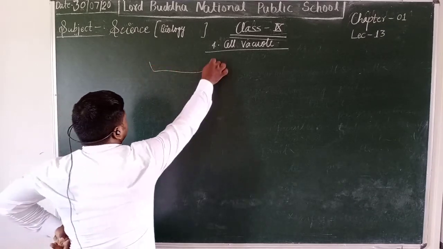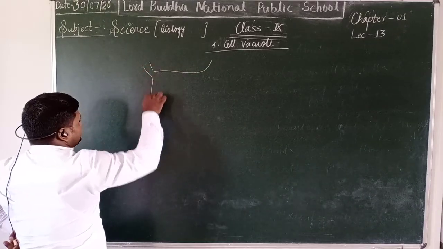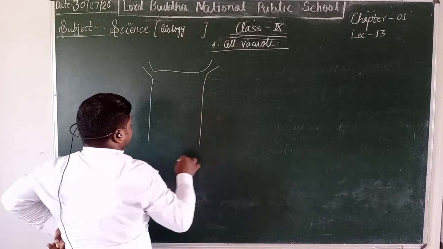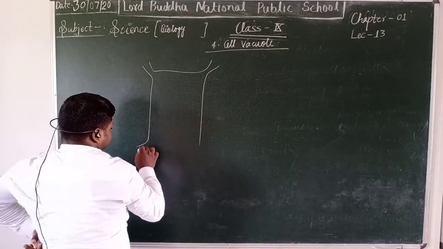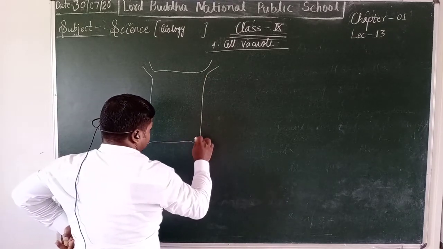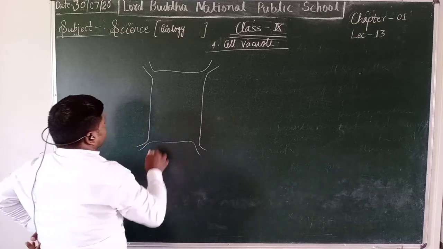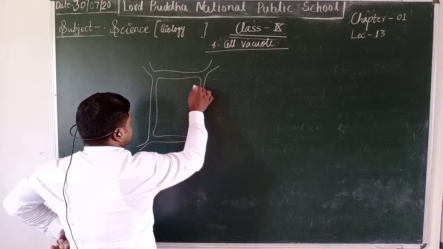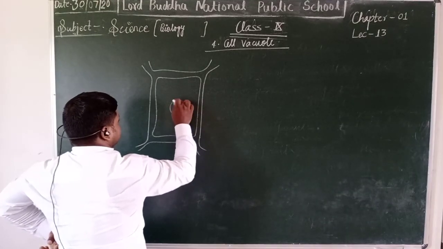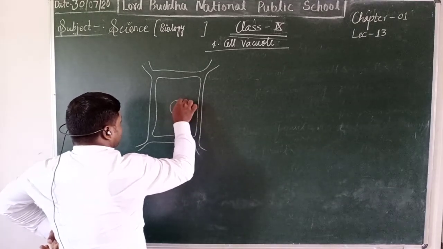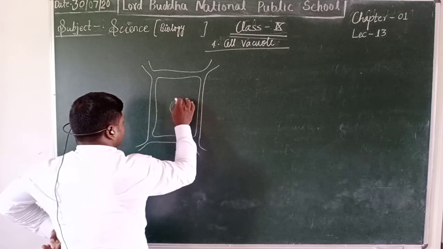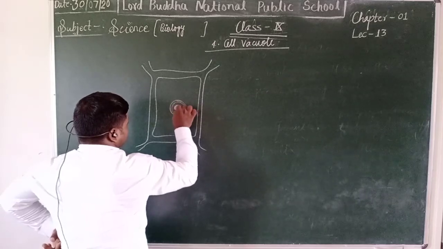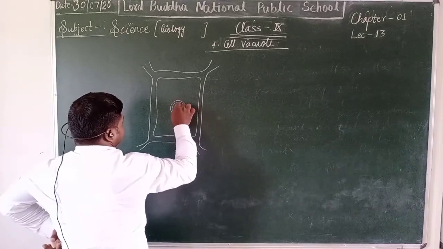Here I take a rough diagram of a plant cell to locate the position of the cell vacuole inside it. Generally, cell vacuoles are found close to the nucleus of a plant cell.